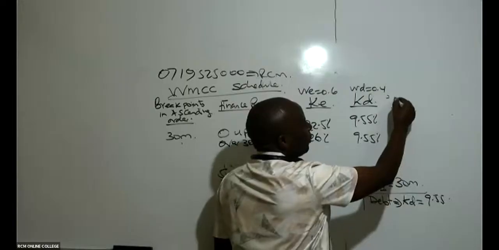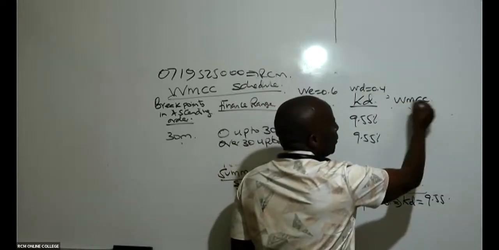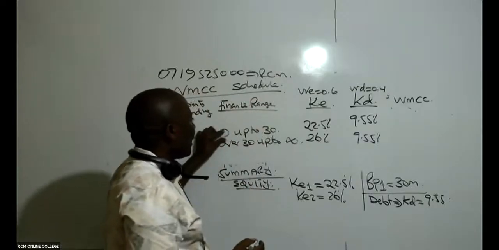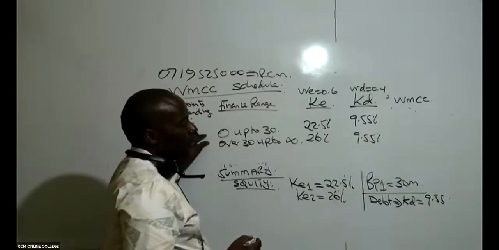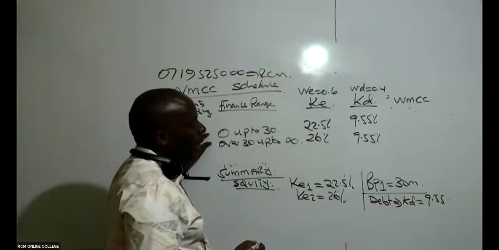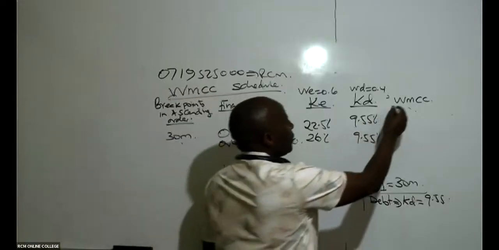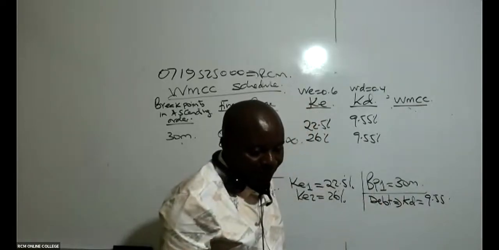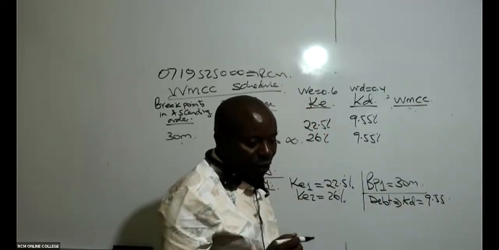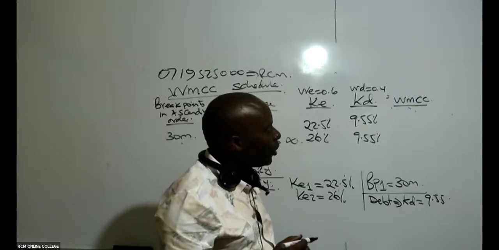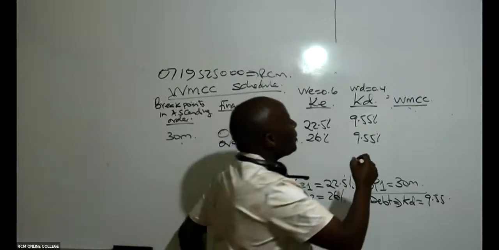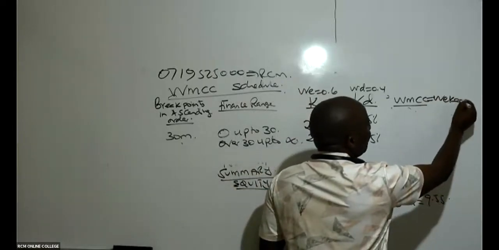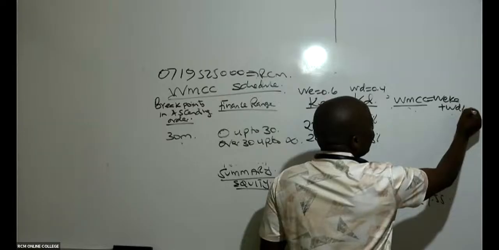So now you can comfortably give me the WMCC for each financing range. Ladies and gentlemen, we know the formula of WMCC. I'll address those questions if you don't mind. Our WMCC will be weight of equity times cost of equity, plus weight of debt times cost of debt.